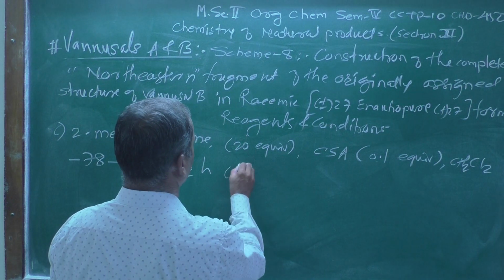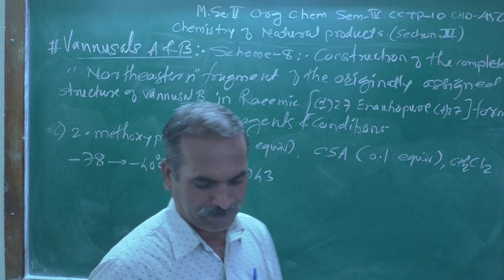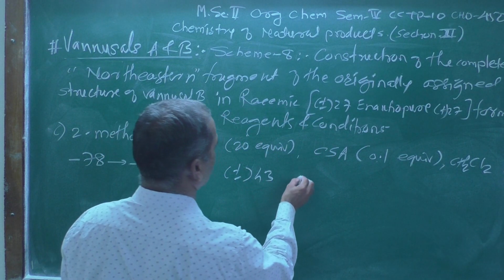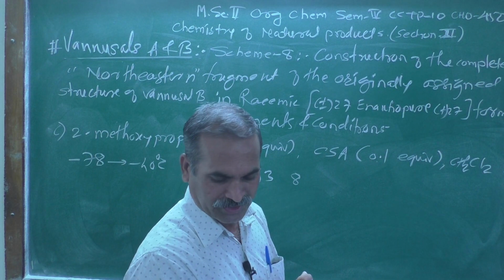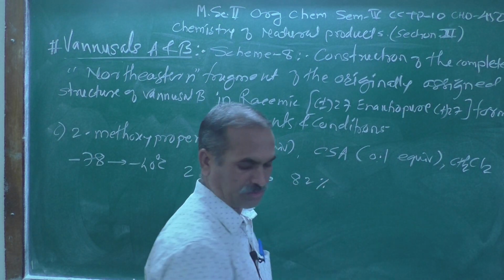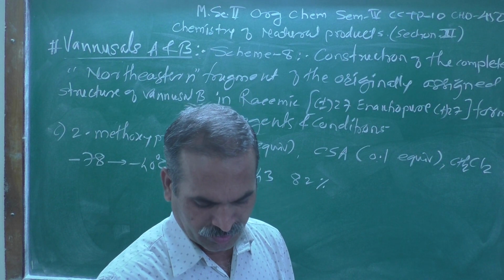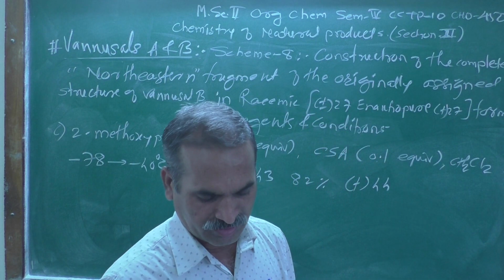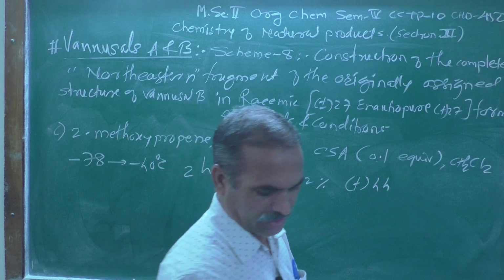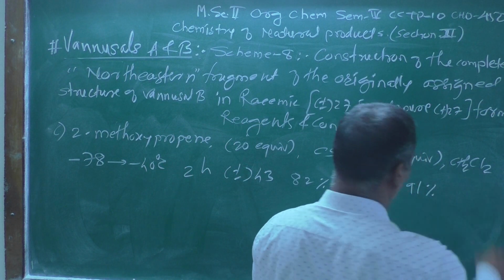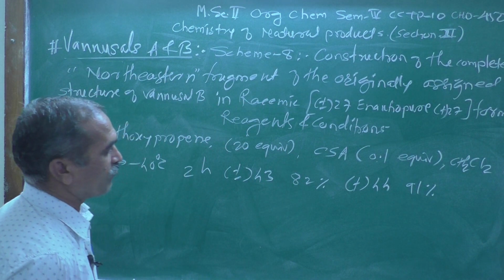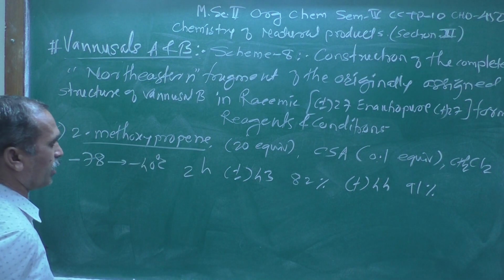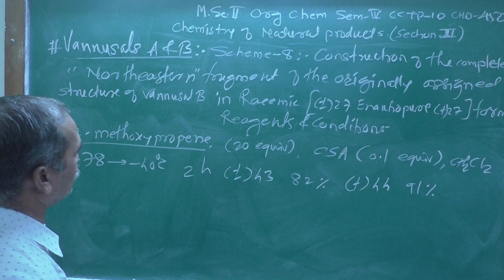Then plus minus 43 racemic mixture was obtained in near about 82% and plus 44 in 91% overall yield.